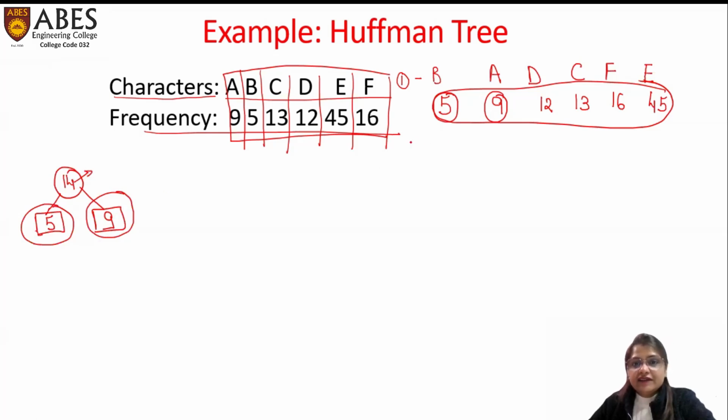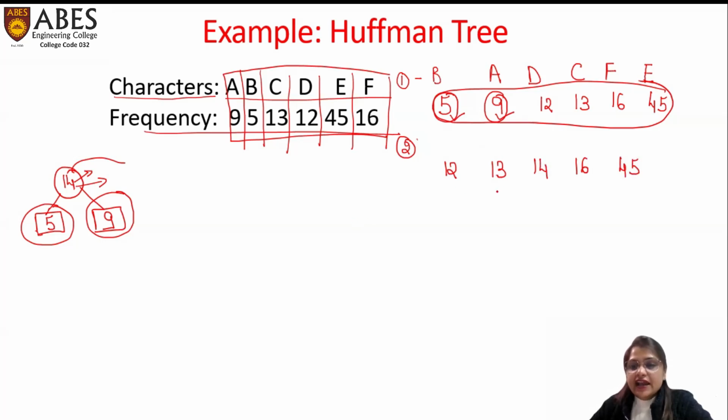After that, again we will arrange all these data items in ascending order, because the next term has become 14, the internal node. 5 and 9 have been traversed, so we will not encounter them again. Next will be 12, then 13, then 14, then 16, and then 45.